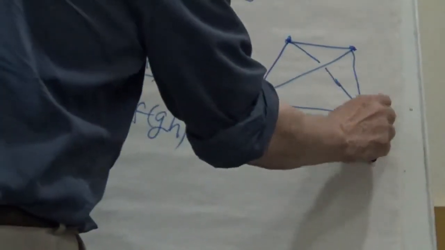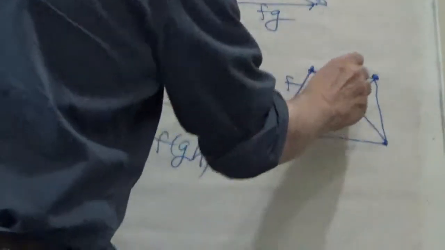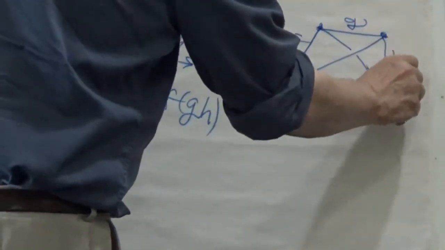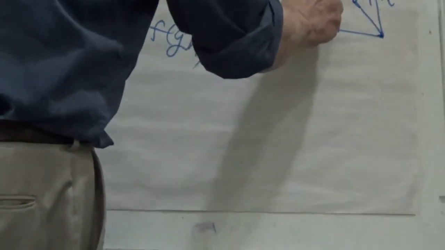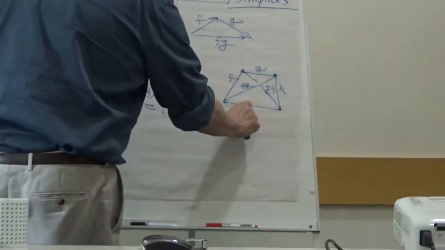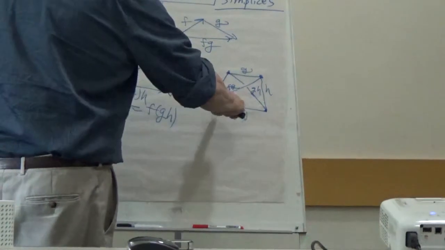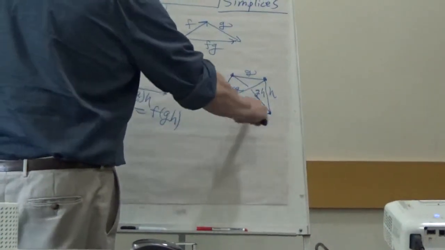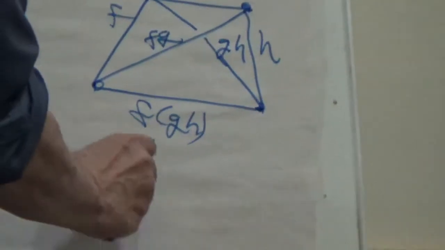So I won't draw everything on it, but maybe I could draw without arrows. Here's F and here's G, and here's H, and this was GH, and this was FG. And this could have been regarded as FGH, but it could also be regarded as the edge in the back, or the face in the front, which is FGH.